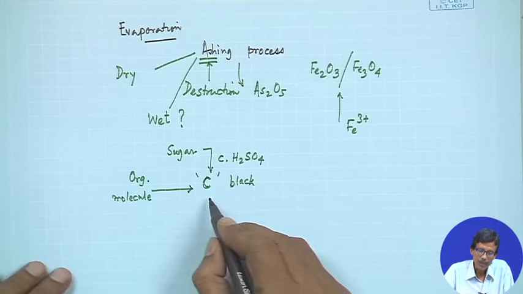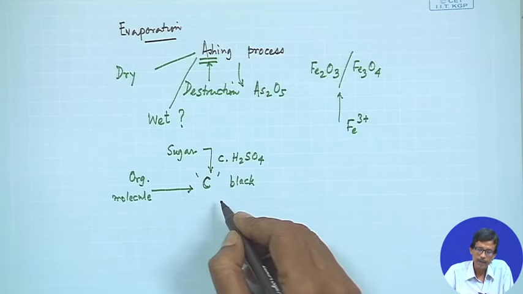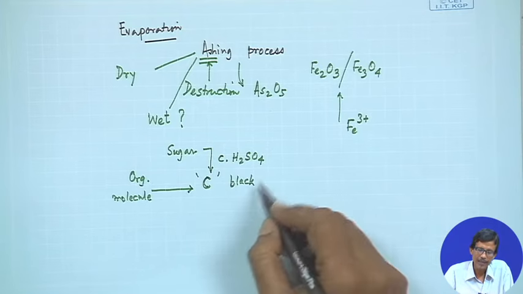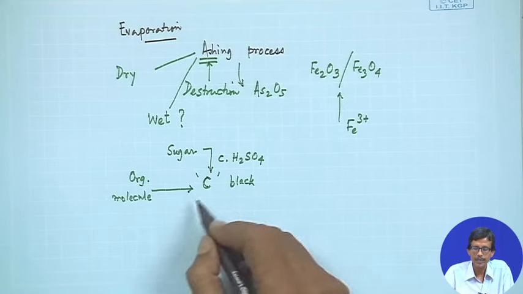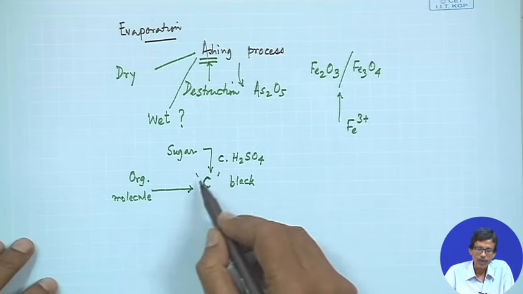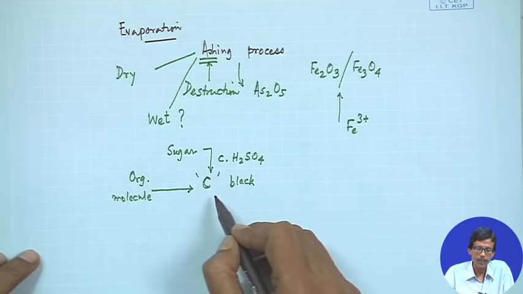So, from that organic molecule, if this carbon is coming out as black particles, we cannot have these black particles inside a solution. Within the solution, the entire solution will be black in color with floating carbon particles and will be contaminated by all these carbon particles.